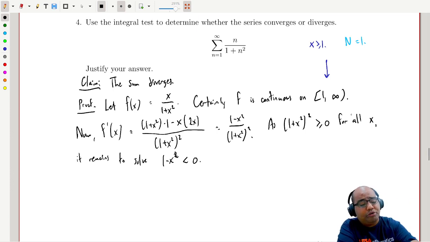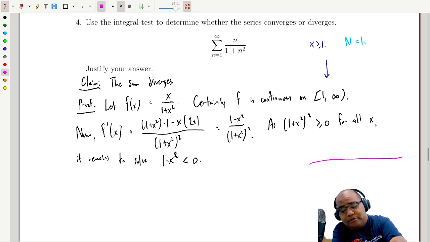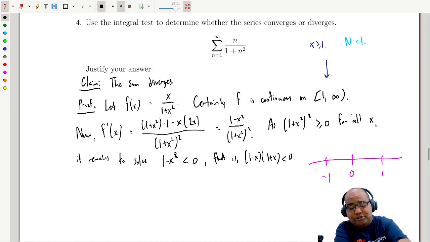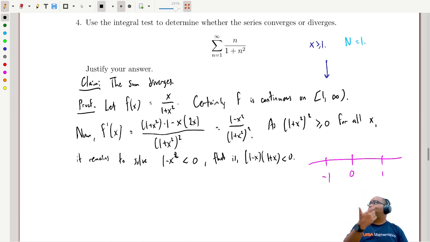How do we do this? If we remember from algebra, we can make ourselves a little sign chart off to the side here. Let's do this in pink. So here's 0, 1, -1. I'll remark that I can factor the left-hand side: 1 minus x times 1 plus x is less than 0. The way that we solve those polynomial inequalities is we factor it and find the zeros.